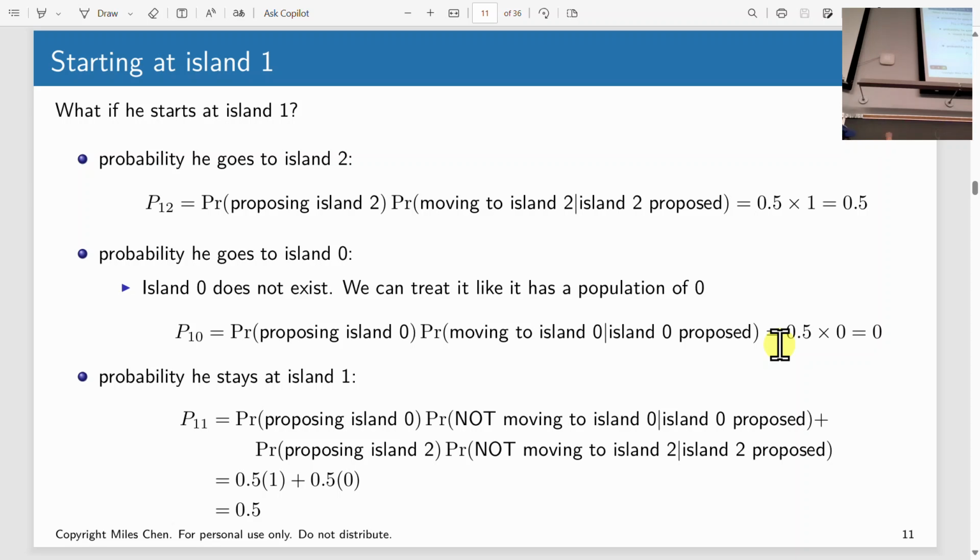So with island 1, we could go to the right, we could go to the left, we could remain at island 1. The probability of going to island 2 is basically we have to flip a coin and get tails. And if we propose island 2, we'll definitely 100% go there. So the probability of going to island 2 is going to be 0.5.